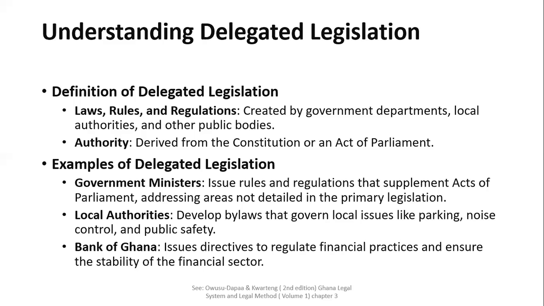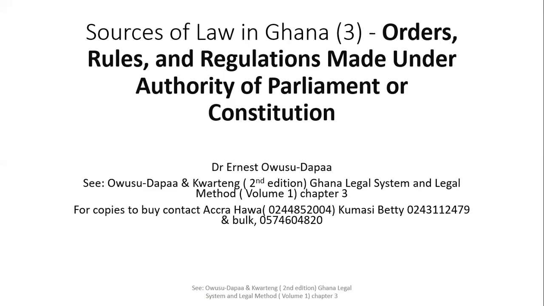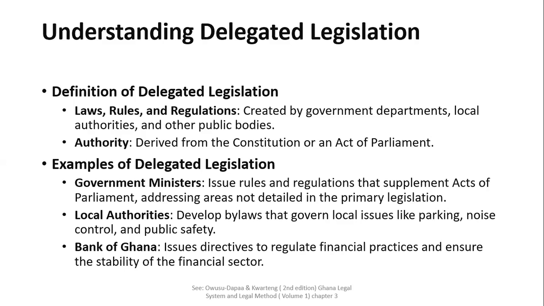So, in terms of rules, orders, and regulations made under authority of Parliament or Constitution, which is stated as one of the sources in Article 11 of the Constitution, we are referring to essentially what we call delegated legislation or subsidiary legislation.